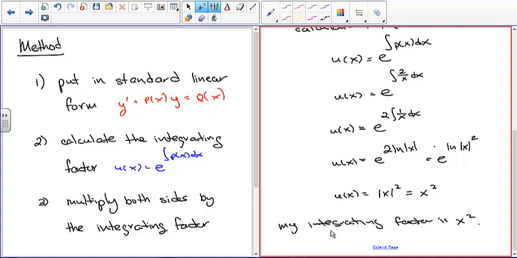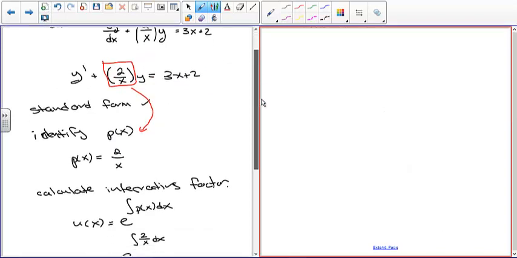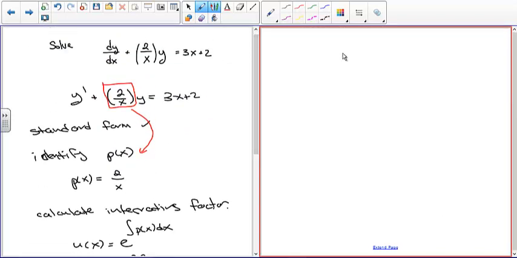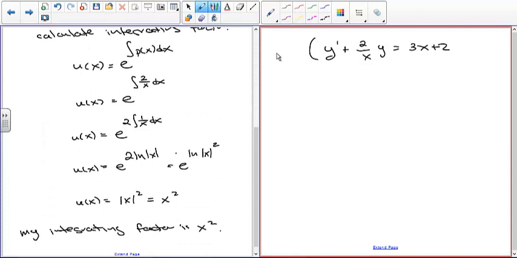Now, once I have found my integrating factor, I take my original differential equation, which is up here. So let me write this down before we move along. I take my original differential equation, and I multiply it by the integrating factor. So let's distribute that. So you get x squared y prime plus 2x squared divided by x times y is equal to 3x cubed plus 2x.